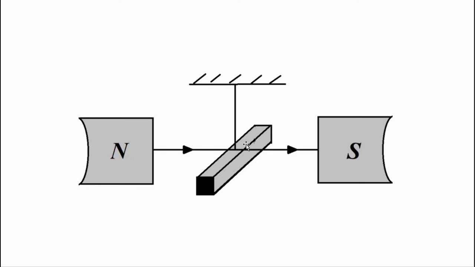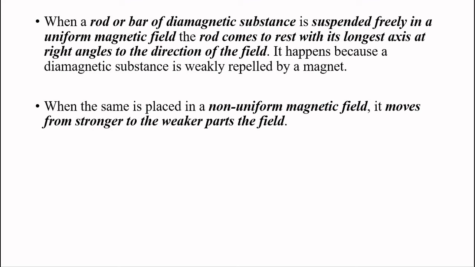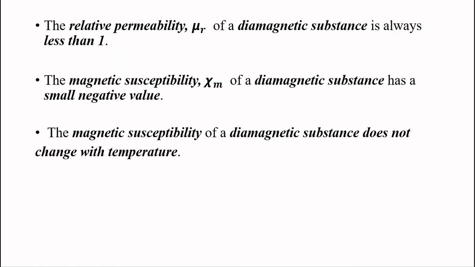Okay, then when it is placed in a non-uniform magnetic field, it moves from stronger to weaker parts of the field. Now the important properties which define the magnetic materials: permeability and susceptibility. We have already discussed permeability as the conductivity for magnetic field lines.